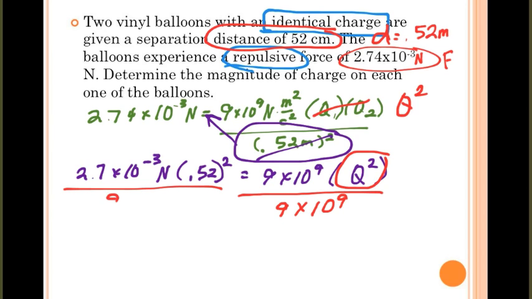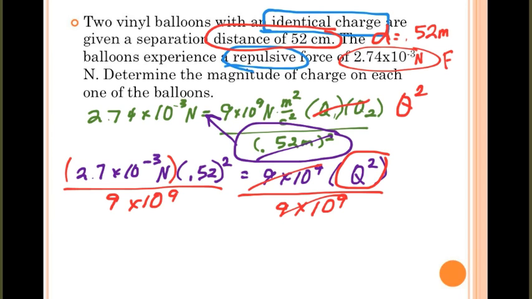So I'm going to divide this side by 9 times 10 to the ninth. Then I see over here that falls out. So now I have 2.7 times 10 to the negative 3 newtons times 0.52 meters squared divided by 9 times 10 to the ninth equals Q squared. Okay, so let's go ahead and do that math, and then we'll solve the remaining part.